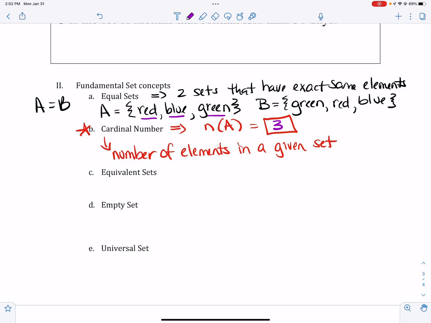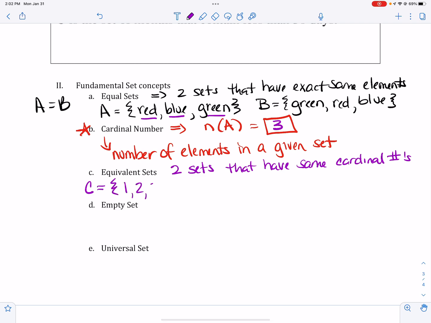Equivalent sets, which is different from equal sets, equivalent sets are two sets that have the same cardinal numbers, okay? So let's say that we'll call this set C is the set 1, 2, 3, 4. And we'll say that set D is the set cat, bird, dog, and fish.